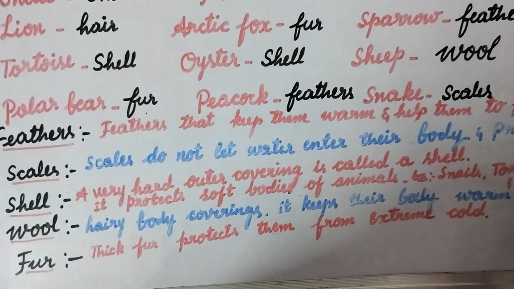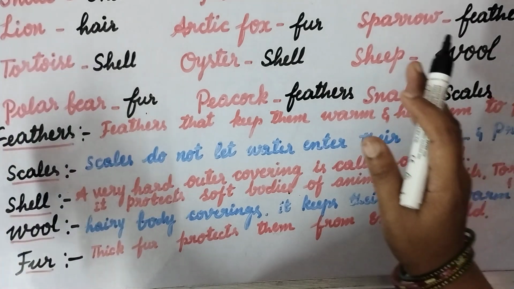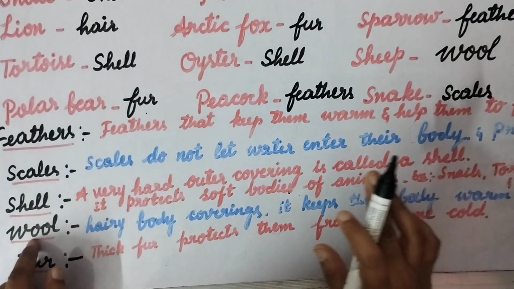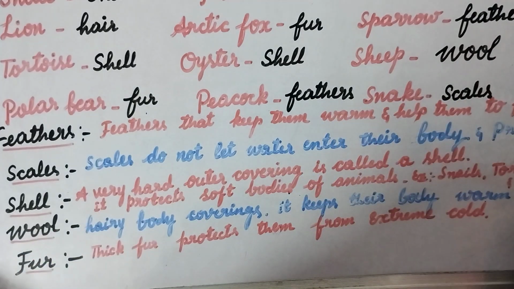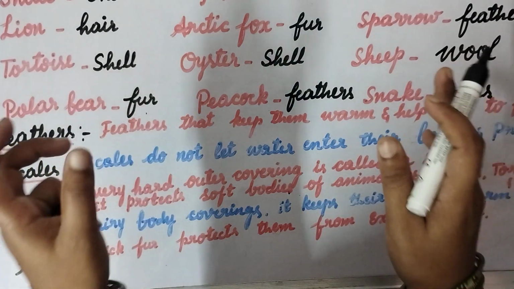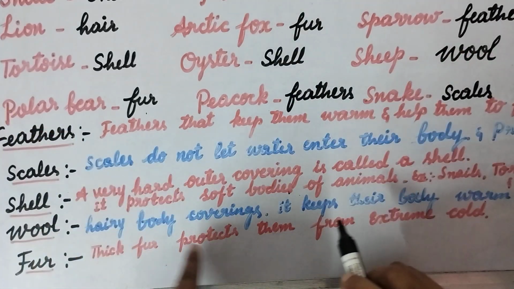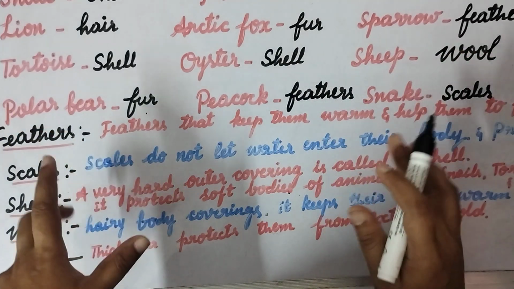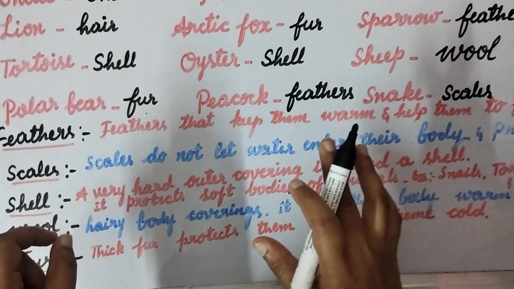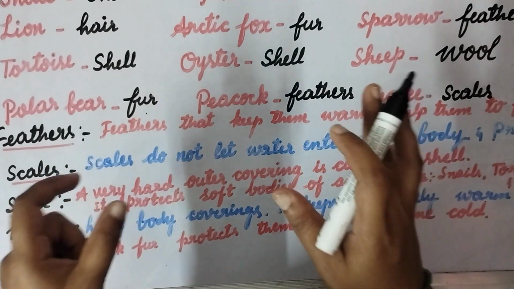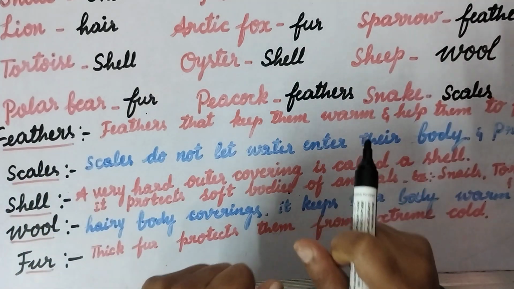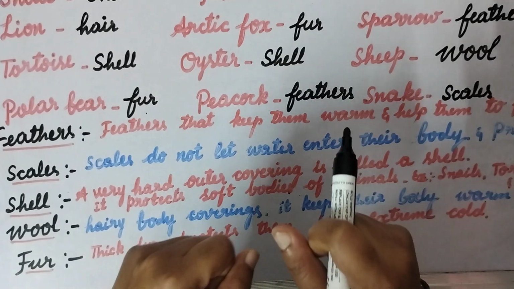These animals are covered by shells, which give protection to their soft bodies. Next is wool. Some animals such as sheep have a hairy body covering that we call wool. The main function of wool is that it keeps their body warm.